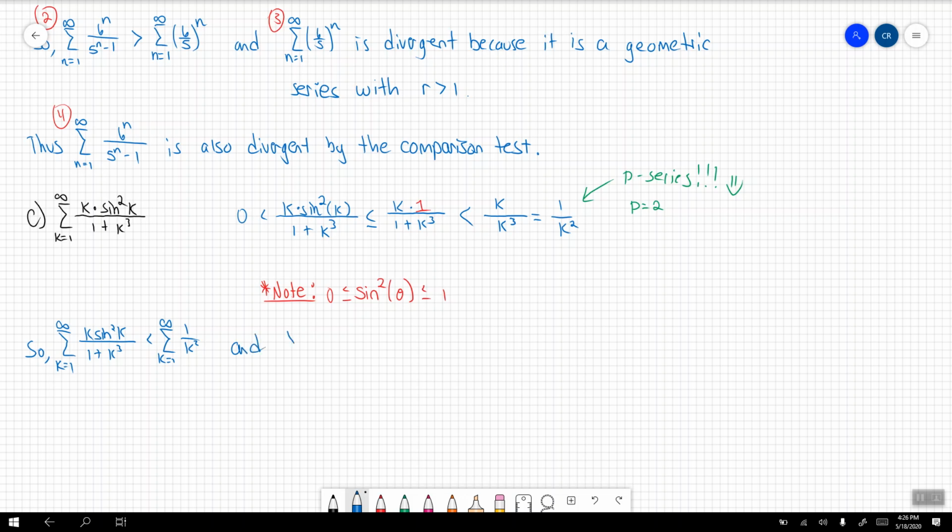And this series converges, because it is a P-series with P is equal to 2.